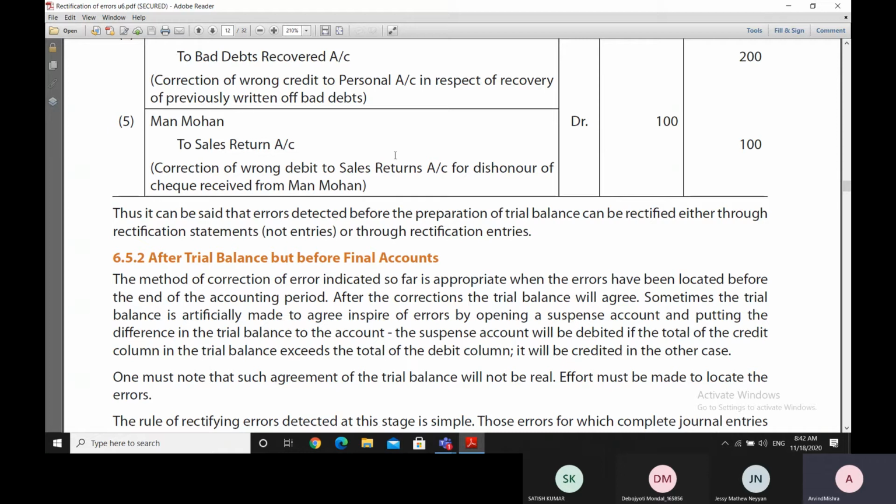To make the correction: correction of wrong debit to sales return account for dishonor of check which was received from Manmohan.